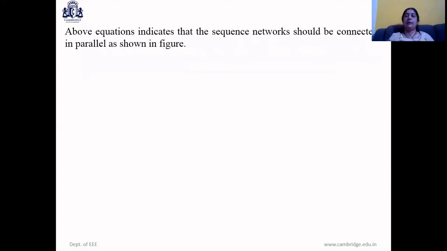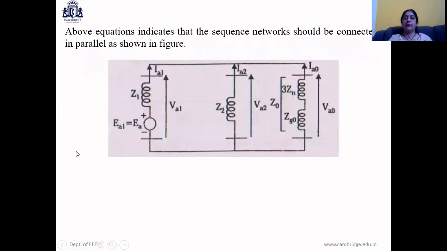Therefore, the above equations indicate that because the voltages of the positive sequence, negative sequence and zero sequence networks are the same, they are to be connected in parallel. So all the three networks are connected in parallel.